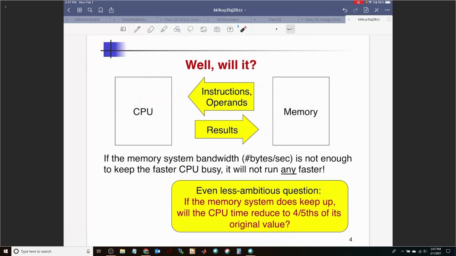Because we are talking about CPU running faster or not. Well, if the memory is slowing you down, then you will not be able to run it any faster than it can. So again, the answer would be, oh yeah, I'm not sure, then I'll have to look into memory system bandwidth.